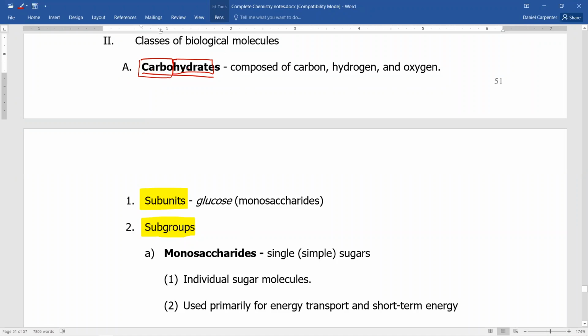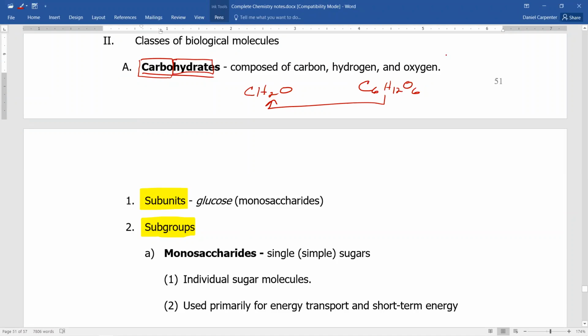So this literally means carbon and water, and it's because the general formula of all carbohydrates is CH2O. So glucose is C6H12O6. And if you reduce that, divide through the subscripts by 6, you get CH2O in its empirical formula, its reduced formula.